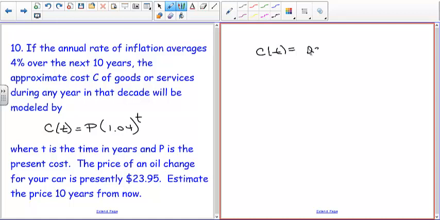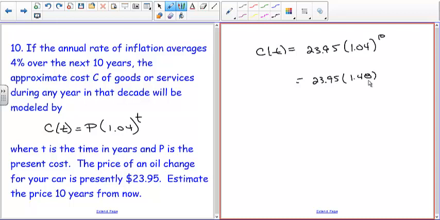So you'll take 23.95 times 1.04 to the 10th power. And again, 4% each year doesn't seem like that much, but if you take 1.04 to the 10th power, you get 1.48.